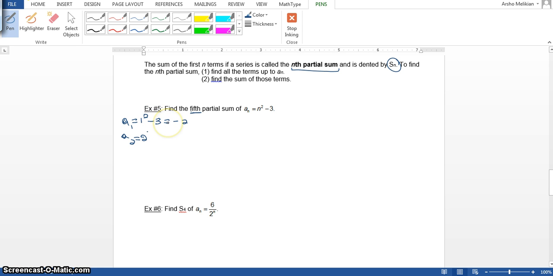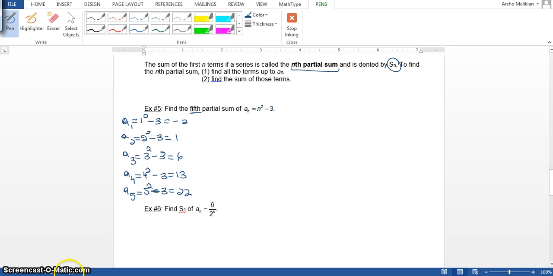A2 is going to be 2 squared minus 3, 1. A3 is going to be 3 squared minus 3, 6. A4, 4 squared minus 3 is 13. A5, 5 squared is 25 minus 3, 22. These are the first 5 terms.